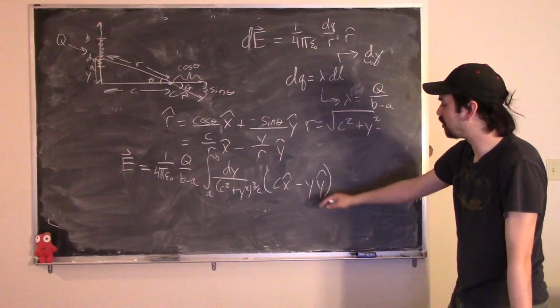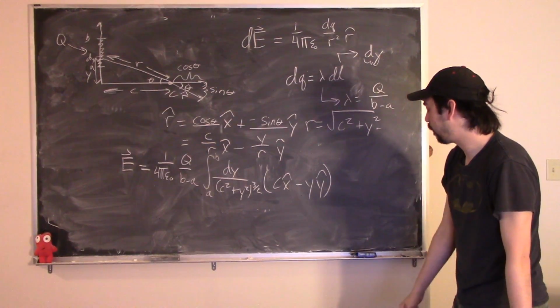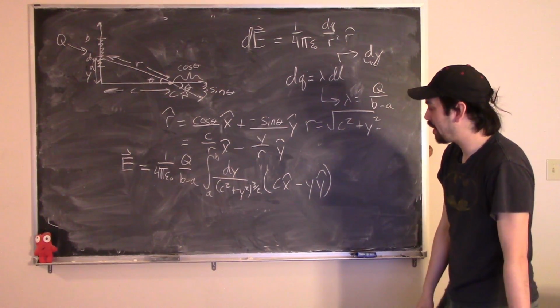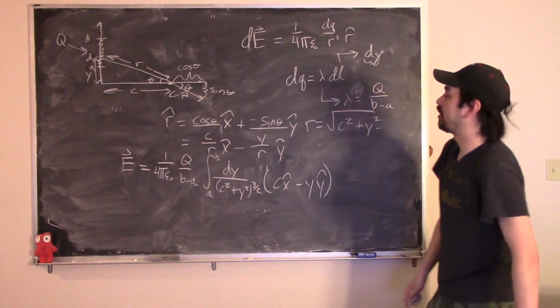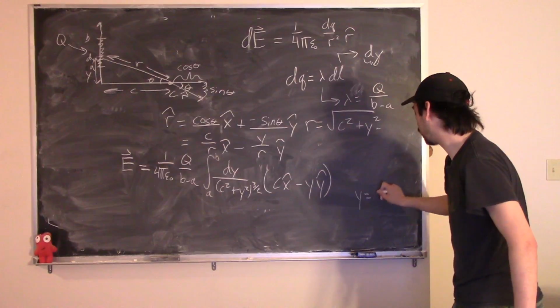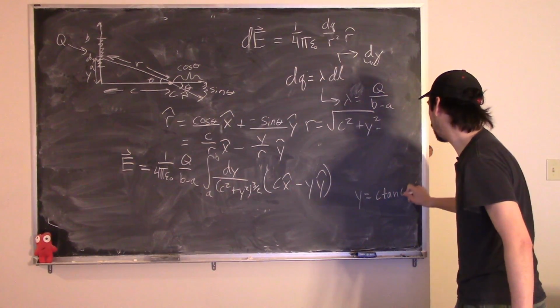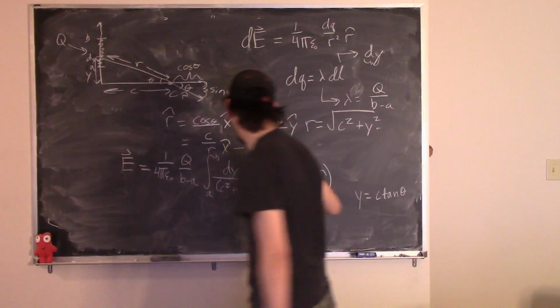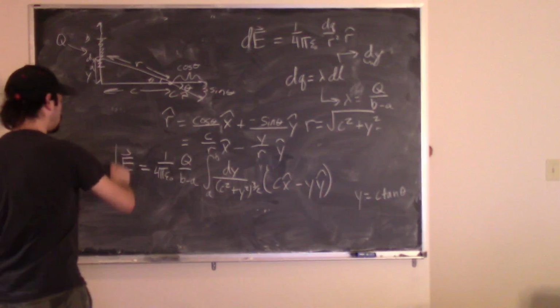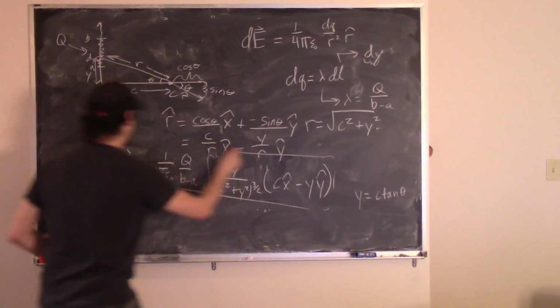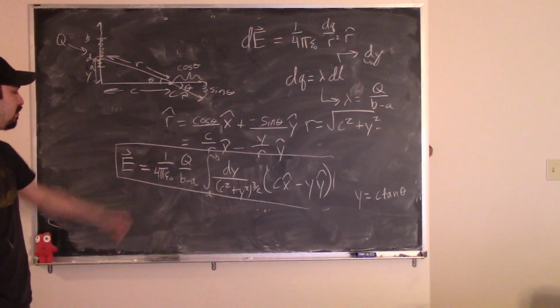You'd have to do a u sub for the y component, and for the x component you'd say here that y is equal to c tangent of theta. You can do trigonometric substitution to do that, but this is where we'd stop. That would be the full answer.